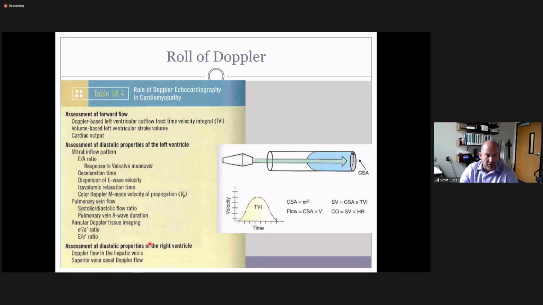So tissue Doppler, TDI, DTI, whatever the vendor has their system labeled as. Those are all things to assess diastolic function. And in addition, you could be looking at IVRTs and those more intricate measurements as well. Also taking into consideration, of course, things like dilation of the left atrium.